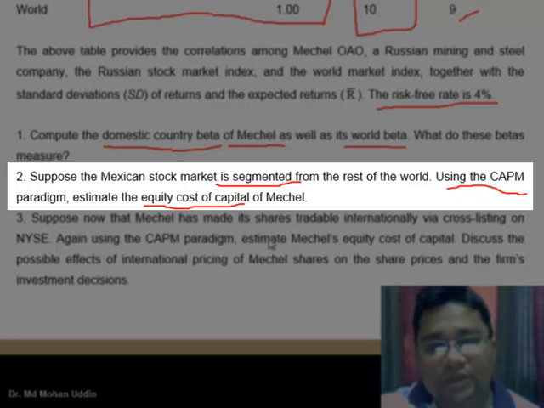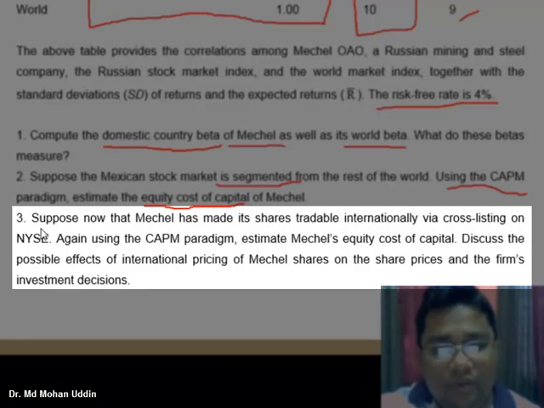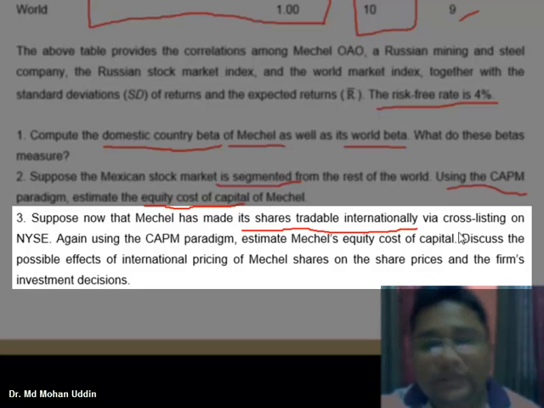And third, we have to calculate the cost of equity again if the market is not segmented, like integrated through the shares being tradable internationally, because Michelle has cross-listed its shares on the New York Stock Exchange. After measuring the equity cost of capital in this case, we also have to discuss the possible effect of this integration on the share price and on the investment decision.